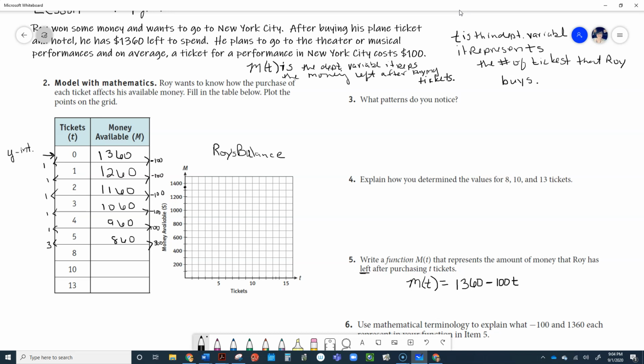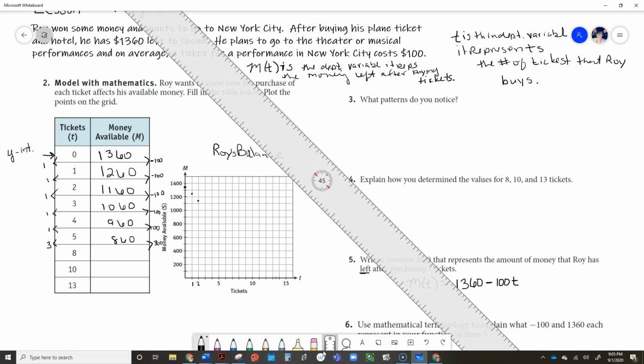And then when I buy 1 ticket, it's going to be up at 1,260. And then this is at 2 tickets, it's going to be up at 1,160. Okay, and so forth. So I've got enough right there.